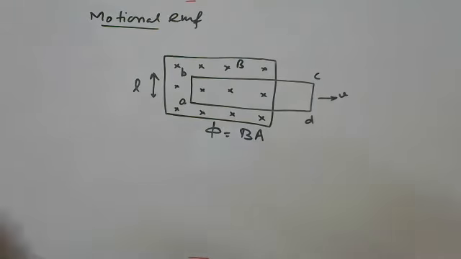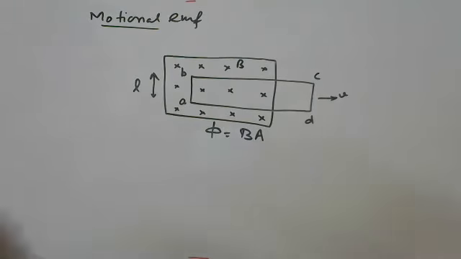So with the rectangular coil ABCD, as we move it out of the magnetic field with velocity v, the effective area is decreasing, so flux is decreasing.